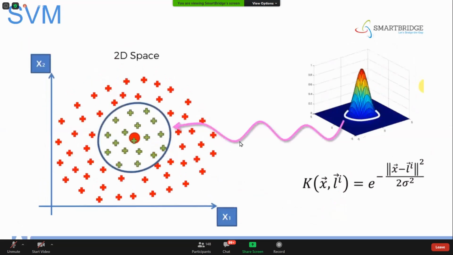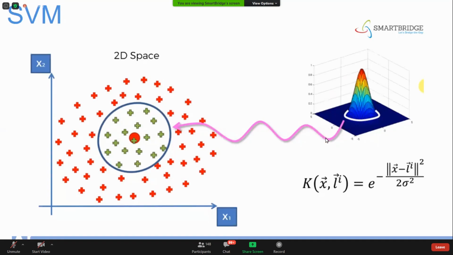Whenever these values are shifted upwards, you can draw a circle in this way. So these are the near points, right? Near points are over here, and far away points are out of it.